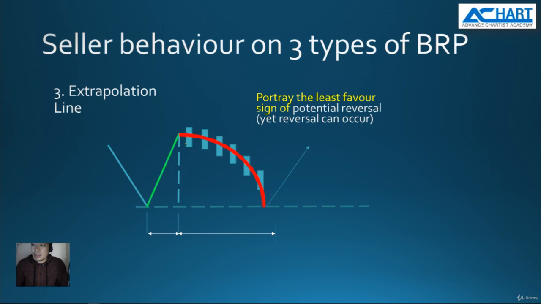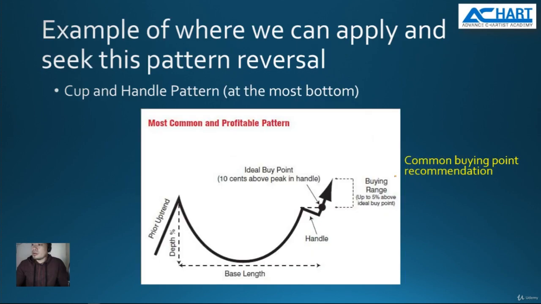Most people in the conventional way use this method to identify where to buy. The buy point is here, according to a lot of legendary investors: when it is making a handle, then maybe there is time for us to buy.